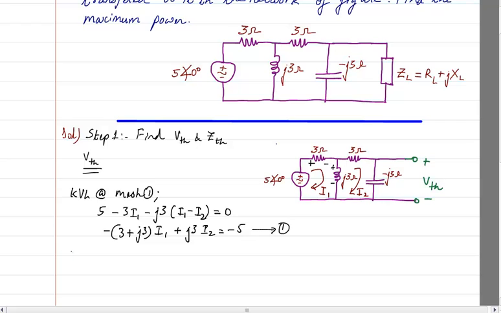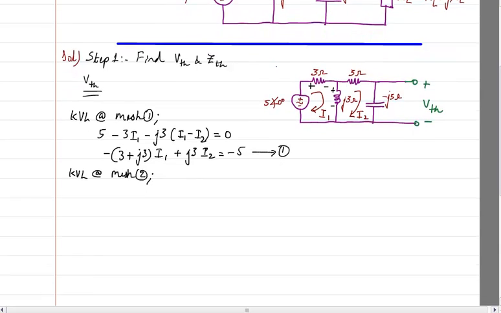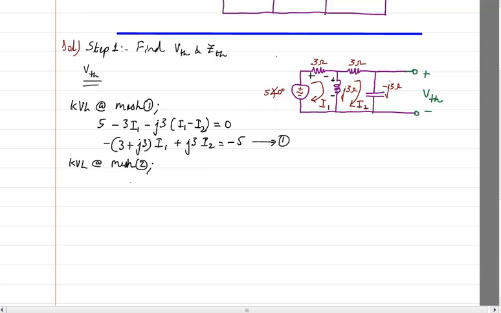Similarly, now I have to write KVL at mesh 2. Let me draw the polarity.